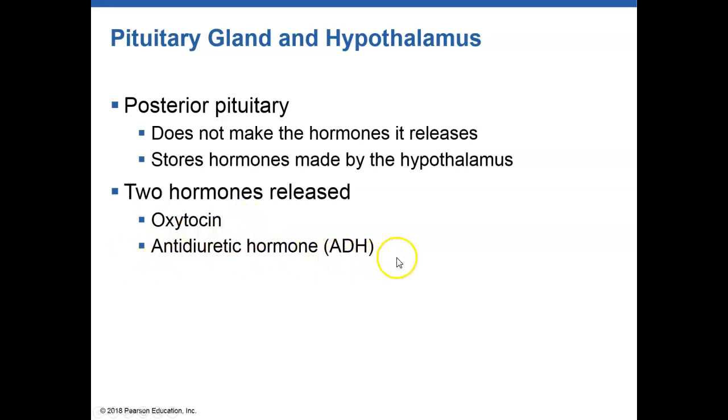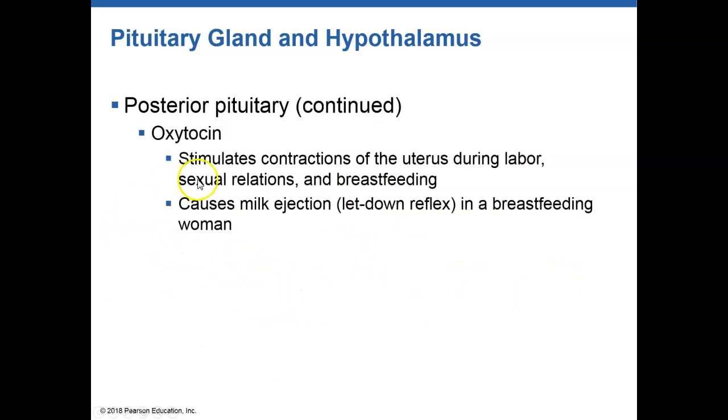Antidiuretic hormone functions on the kidneys, and it stimulates the production of more aquaporins, which then allow for water to be reabsorbed by our system, so we don't lose as much water. I just talked about this, but now you can see the words.